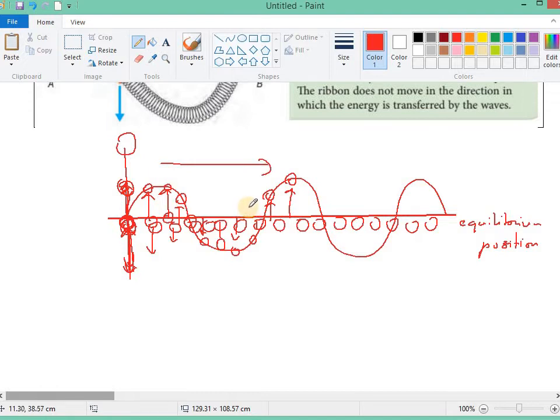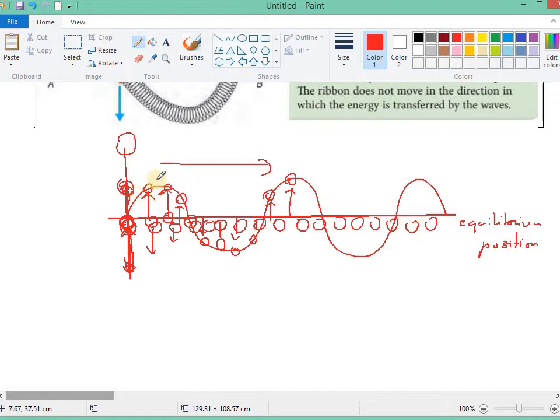The energy can be transferred through the wave. The wave carries and transfers the energy.